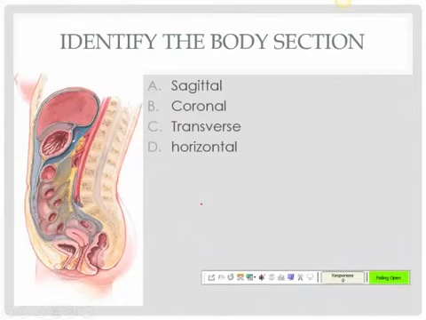So let's take a look at this picture. So suppose you got this picture. Identify the body section. So you should have taken the clickers. So using your clickers, identify the body section. What type of section do you think is this? Is it a sagittal section, a coronal section, transverse, or horizontal? This picture, using this picture, tell me what kind of section has been obtained in this.